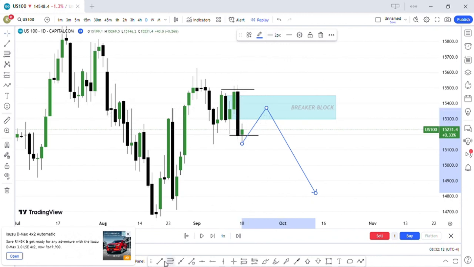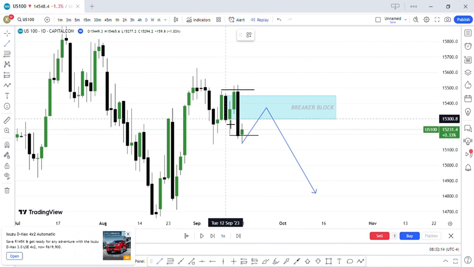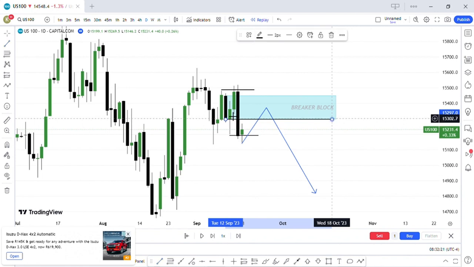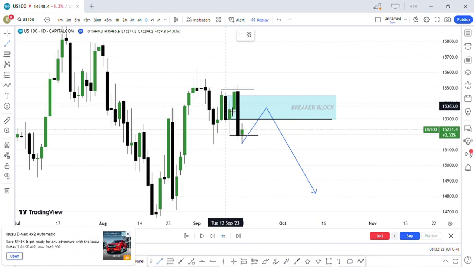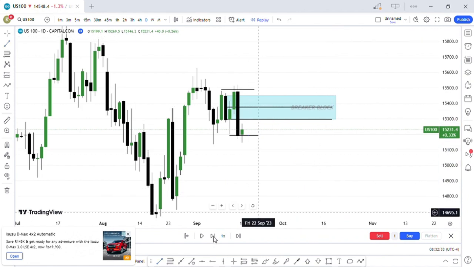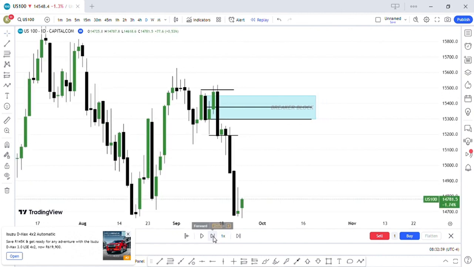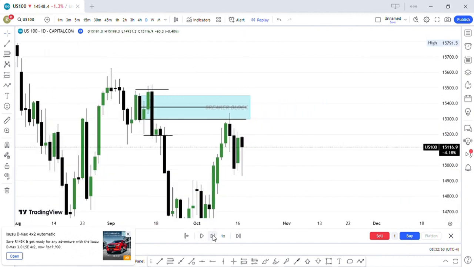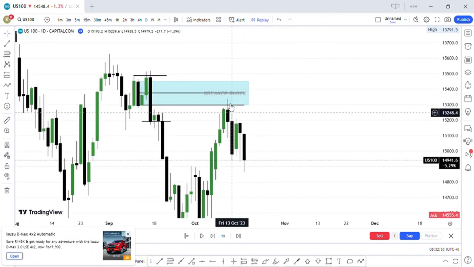So we're going to use either the open, which is just below the 50% of the fair value gap, or the 50% of the breaker block. As you can see, the market tapped into the breaker block.